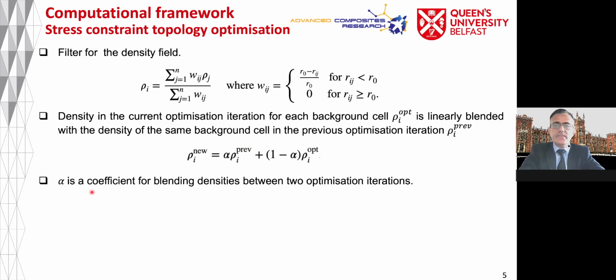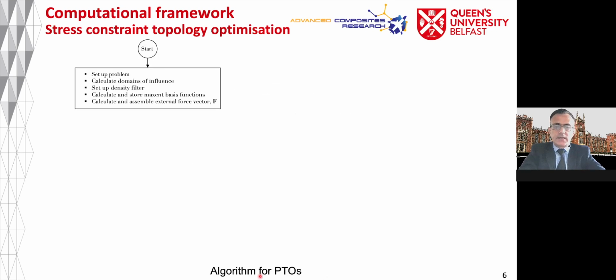So the algorithm for the PTOS is shown here. First we set up the problem, calculate the domain of influence, and set up the density filter. Then we calculate and save the basis function at the start of the analysis, to save computational time.